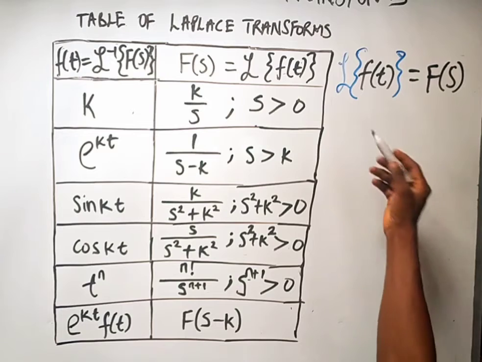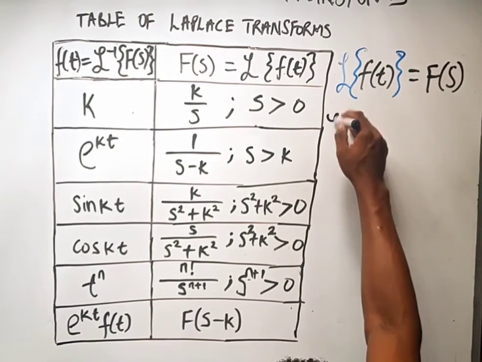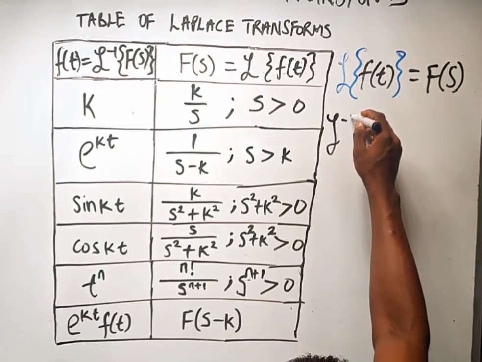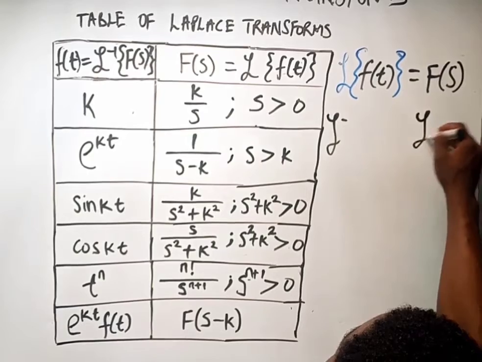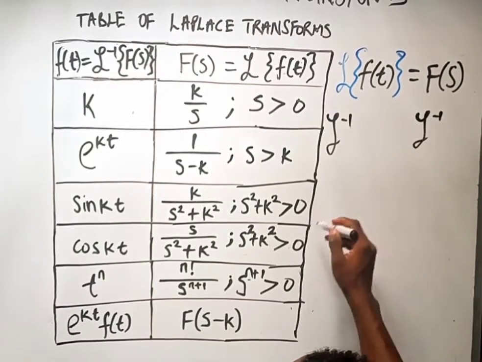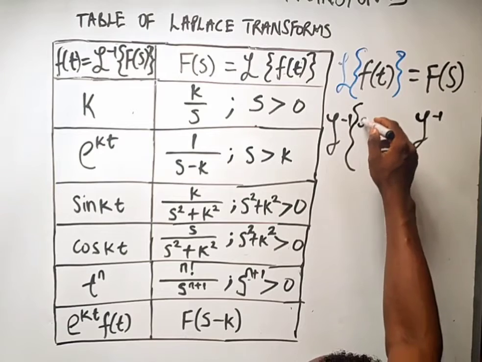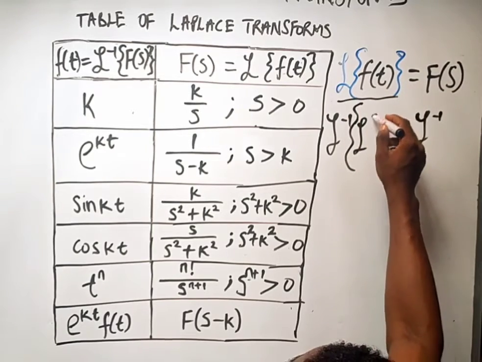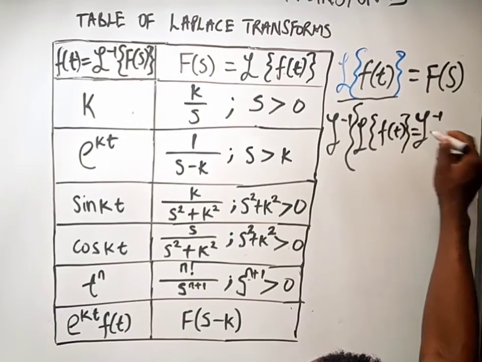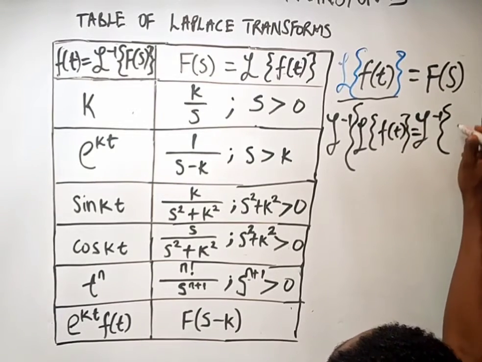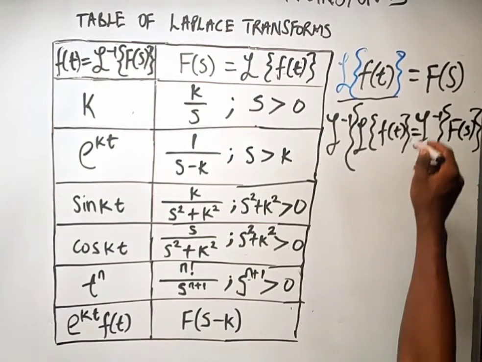So to get back the original function, we just have to take the Laplace inverse, or you can say the inverse Laplace transform, of both sides. So we denote it like this. This one, f of t, will give us the inverse Laplace transform of F of s.